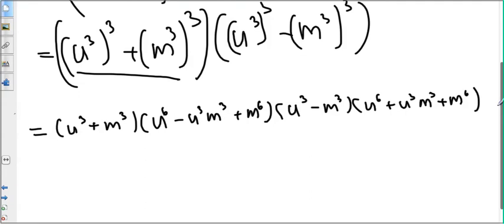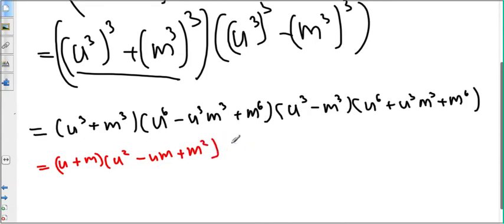Now, we're not done yet, because here we can factor this one further. This one now becomes u plus m times u squared minus um plus m squared.